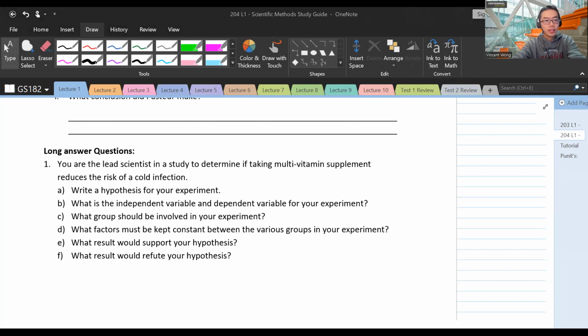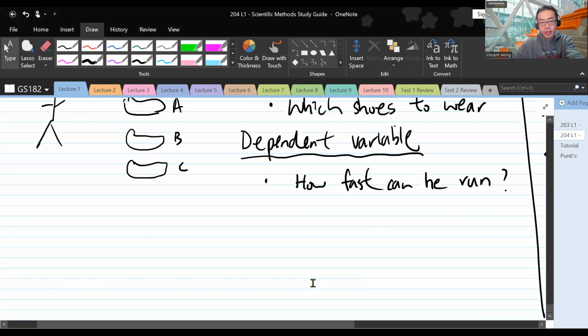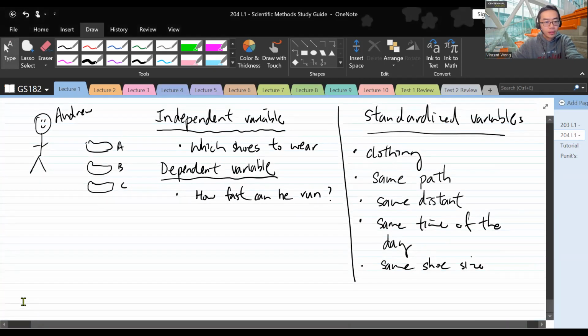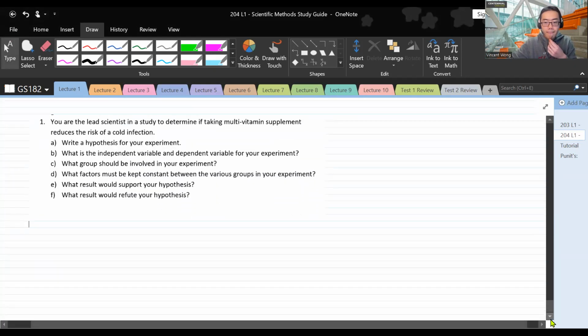You can type your hypothesis in the chat box if you wish. What's the hypothesis? Anyone?